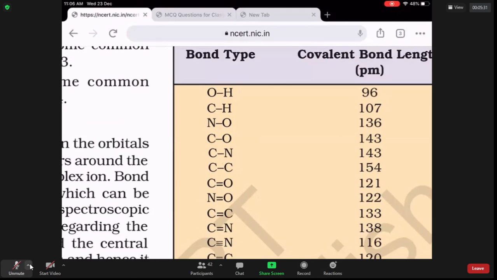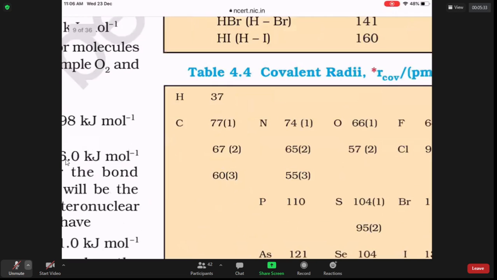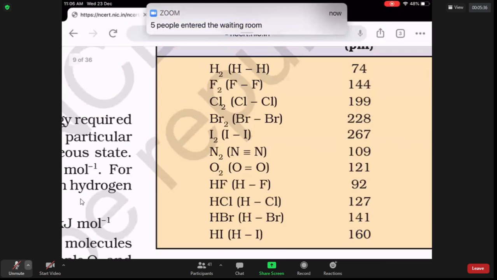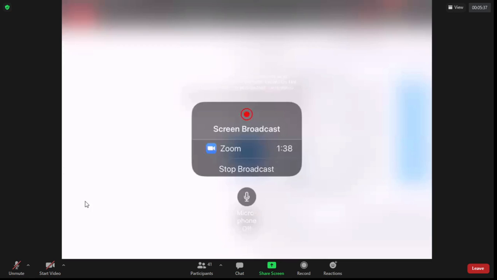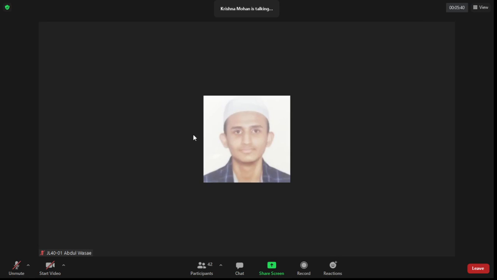If two atoms are linked by a covalent bond, half of the distance between the bonded atoms is called the covalent radius. So the sum of the covalent radii, for example the hydrogen covalent radius plus the Cl covalent radius, gives the HCl bond length.